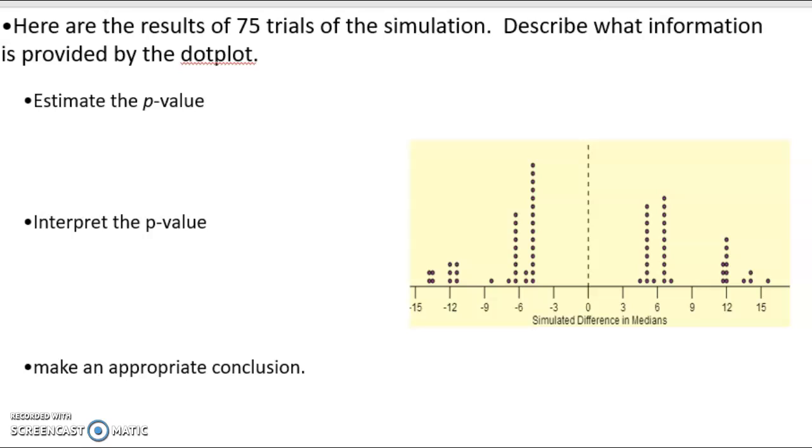All right, so 75 trial simulation, describe what information is provided by the dot plot. So this would represent 75 trials of those simulated differences in medians based on those games. Estimate the p-value. All right, here we go. Test statistic was negative 6.5.